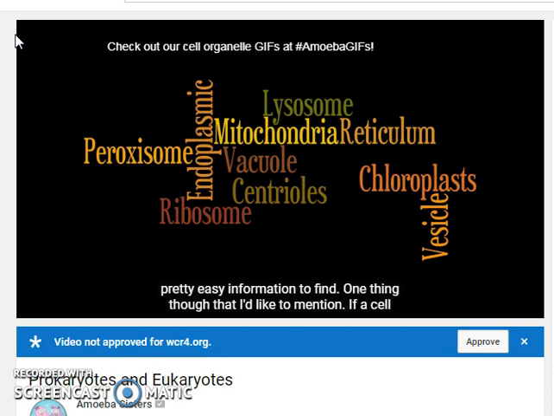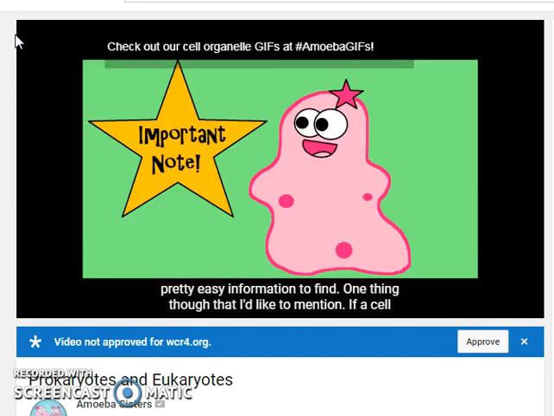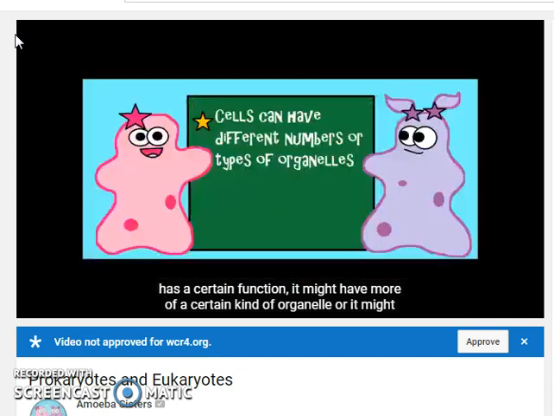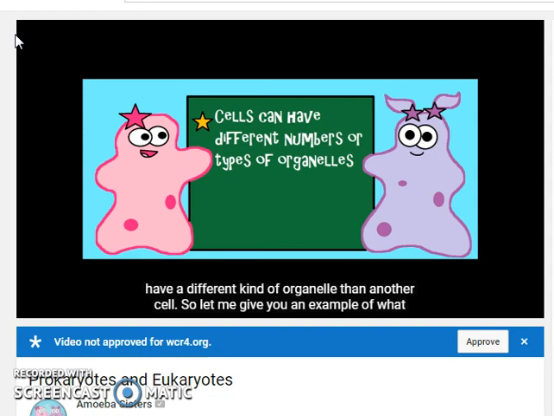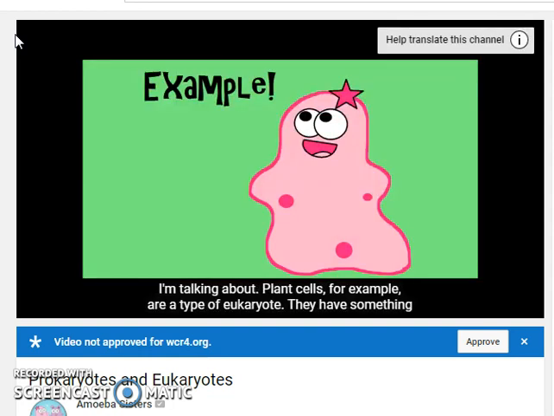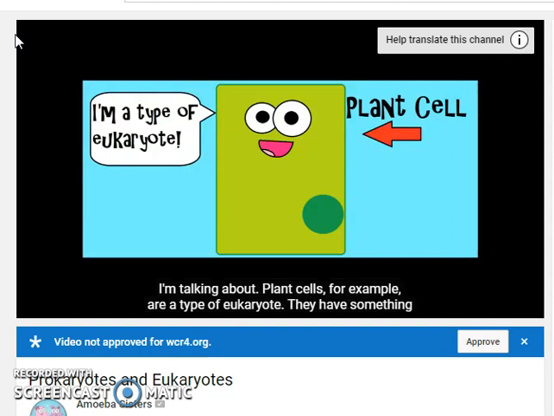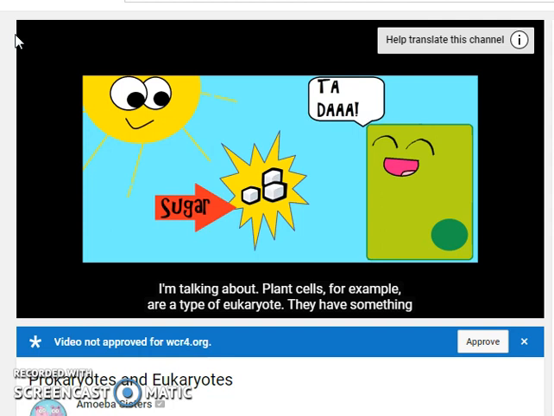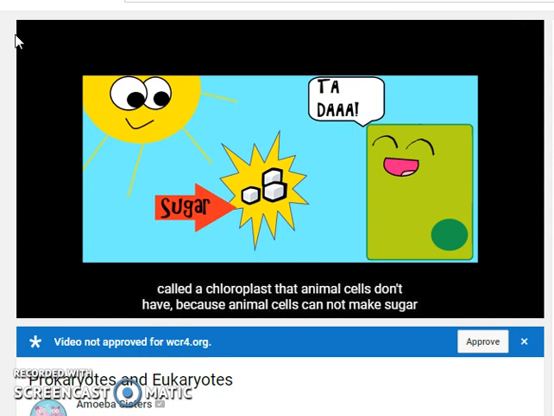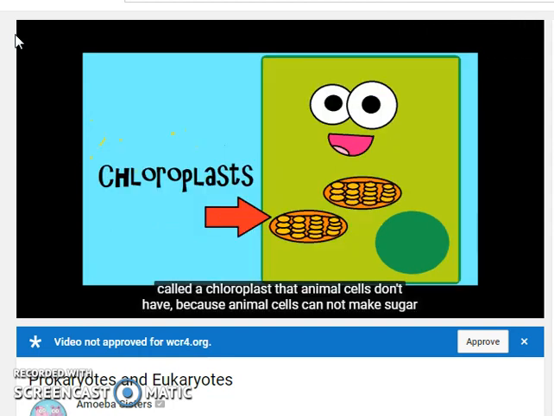That's pretty easy information to find. One thing, though, that I'd like to mention, if a cell has a certain function, it might have more of a certain kind of organelle, or it might have a different kind of organelle than another cell. So let me give you an example of what I'm talking about. Plant cells, for example, are a type of eukaryote. Plant cells make sugar from the sun. They have an organelle called a chloroplast that animal cells don't have because animal cells cannot make sugar from the sun.